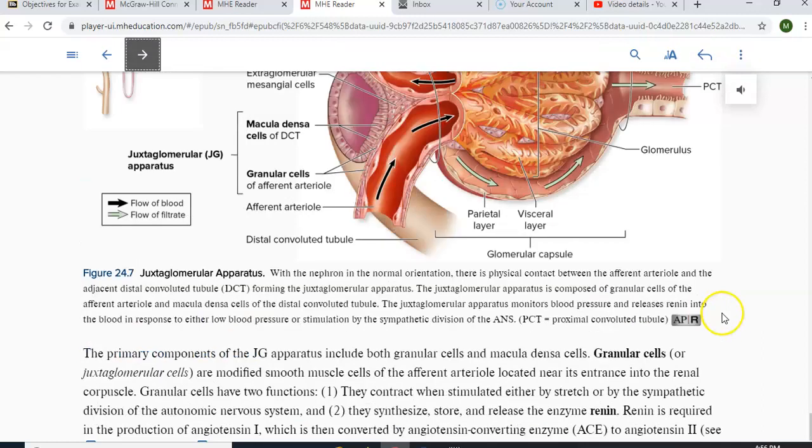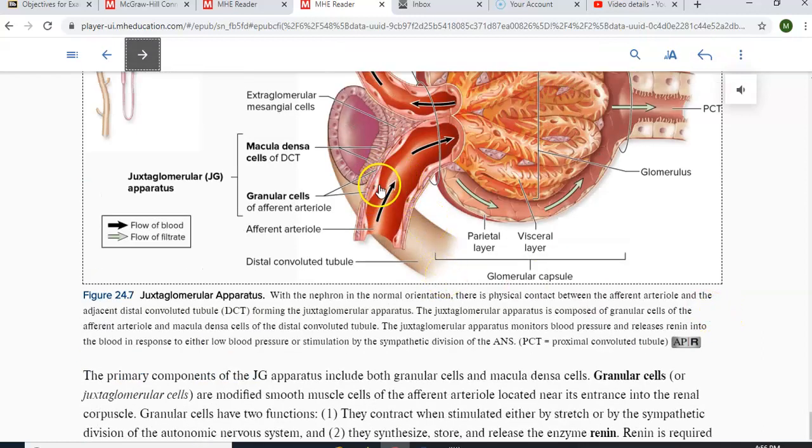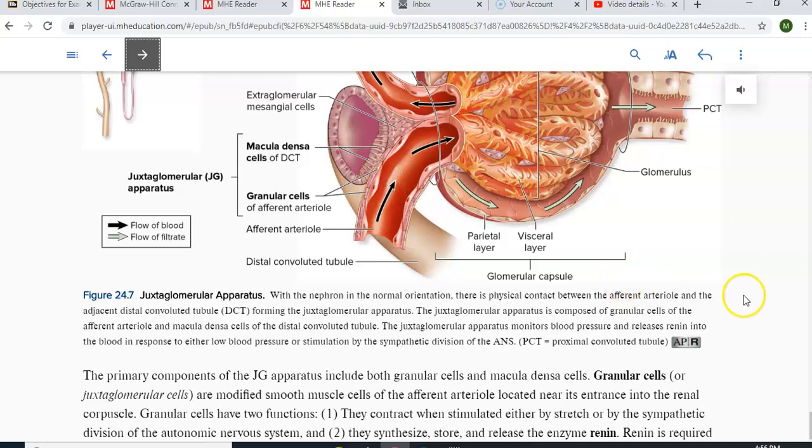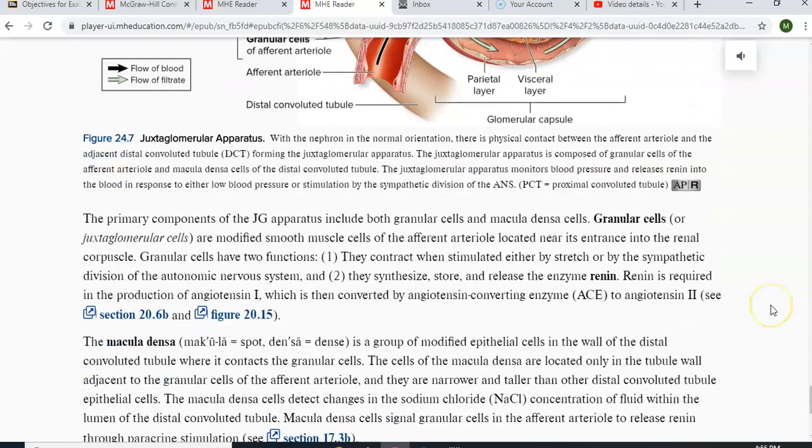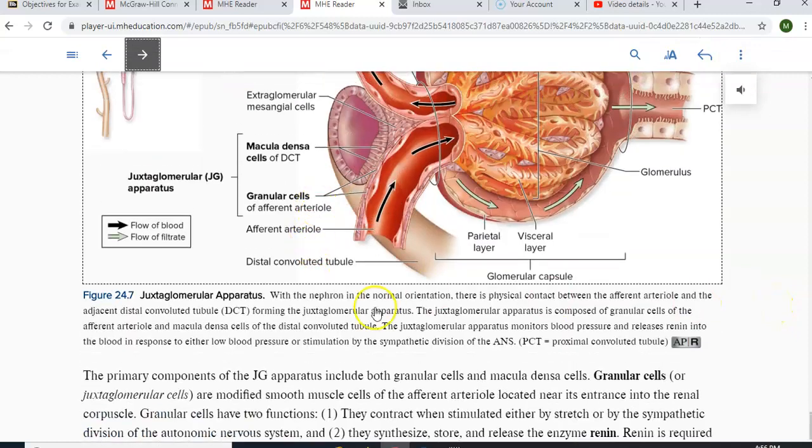So renin is also one of their functions. Of course, it does it only when it's stimulated to do so. So it makes the renin, and then it will release it too. And again, this will all come together more when we start talking about the regulation of the kidneys. So that was the two functions of our granular cells.